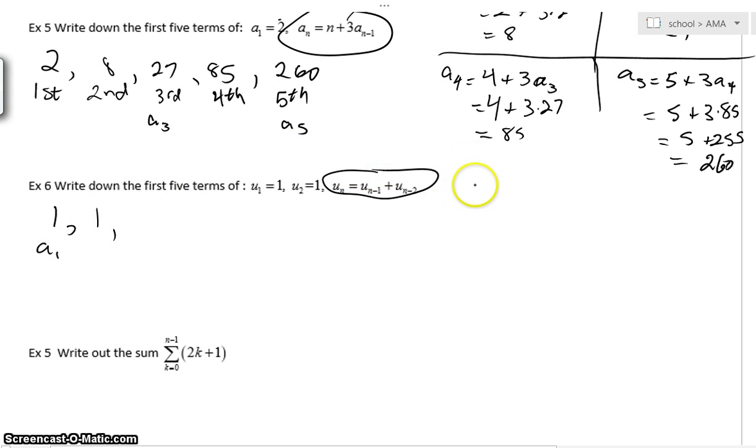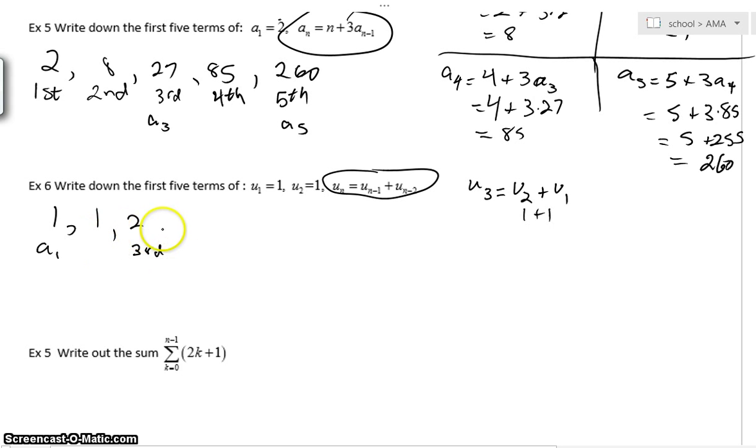Your next term, if we wanted to find u sub 3, if n is equal to 3, that would be u sub 2 plus, and then 3 minus 2 would be 1. In other words, what you're really saying is to find the nth term, add up the previous 2 terms. And so we'd get 1 plus 1, of course, and that would be a 2. So that's your third term.